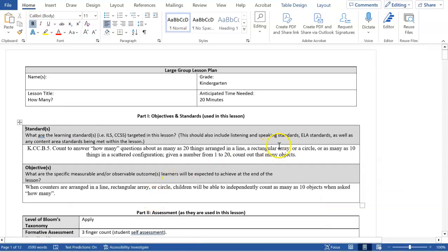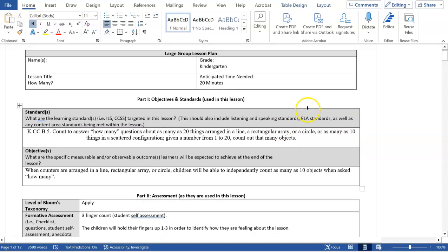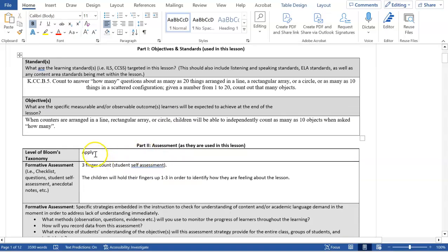This is from a student from last year. So you can see here the grade level, the title, how long she thinks it will take, the standard, and the objective that she wrote. All right, so all that goes here. She included the level of Bloom's, how she was going to do a formative assessment.